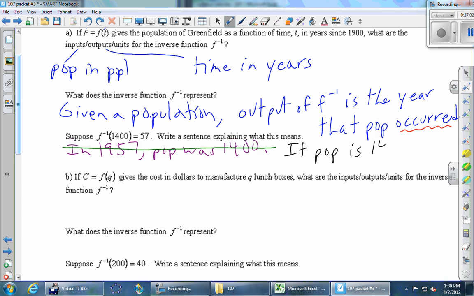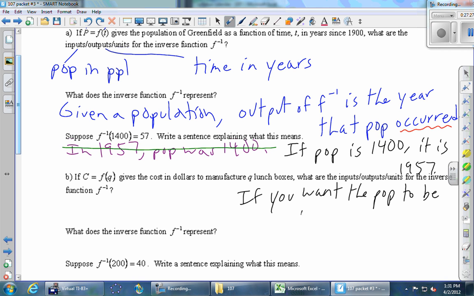If the population is 1400, then what happened? It was 1957. Or it is 1957. Something like that. If that sentence feels awkward, try a different one. If you want the population to be 1400, you must wait until 1957.